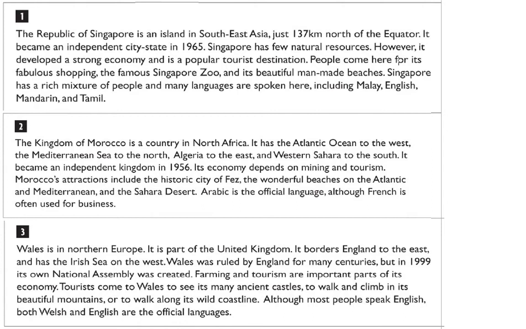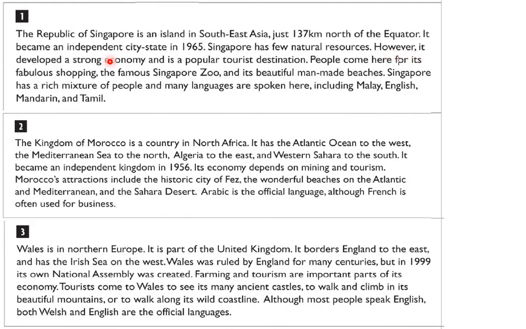The first paragraph. The Republic of Singapore is an island in Southeast Asia, just 137 kilometers north of the equator. It became an independent city-state in 1965. Singapore has few natural resources.